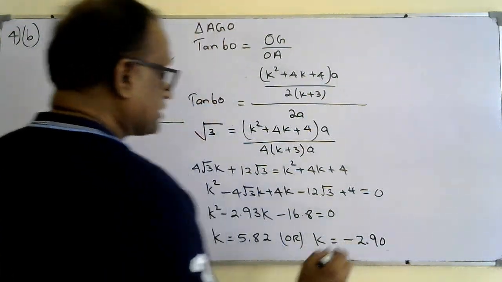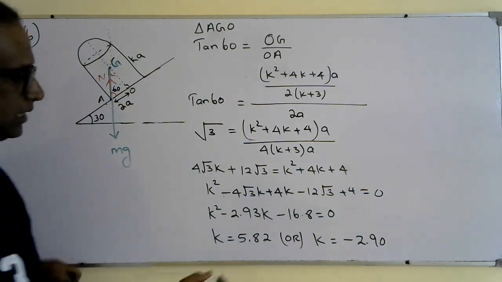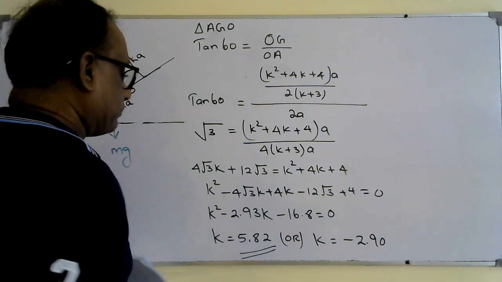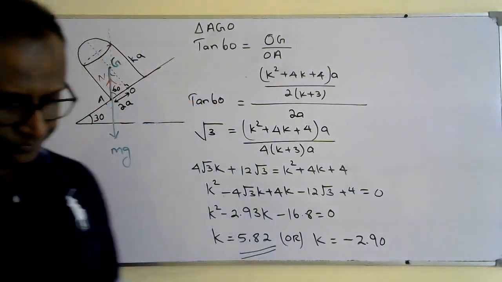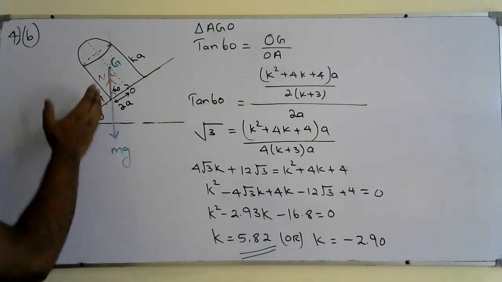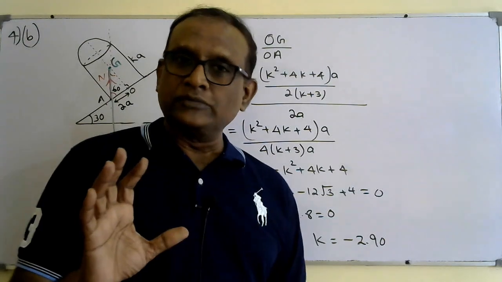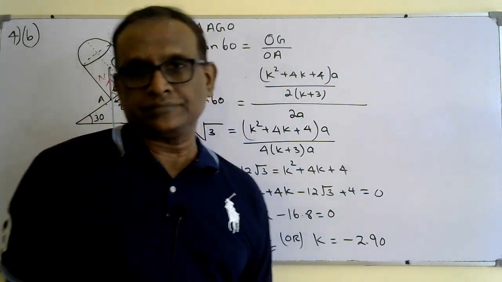But since k is a positive quantity, because the height is given as ka, it can't be a negative answer. So the final value of k is 5.82. So remember the idea: the normal reaction and the weight should be along the same line of action if the object is almost going to topple.